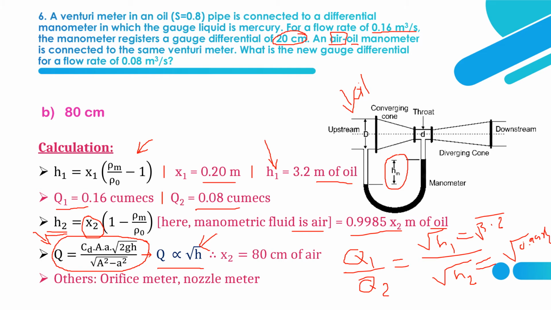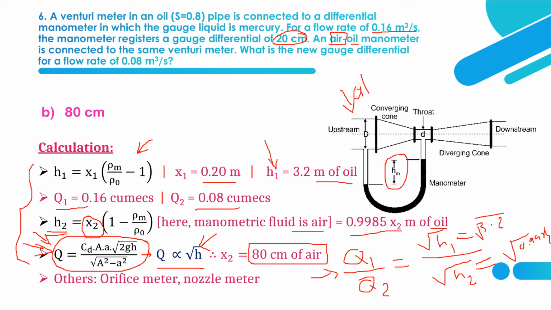So all the things are known, only x2 is unknown. By using this relation, we can find x2 in terms of air. So 80 centimeter of air is the gauge differential for the second scenario. So this is the basic Venturimeter problem, the basic discharge equation for Venturimeter.